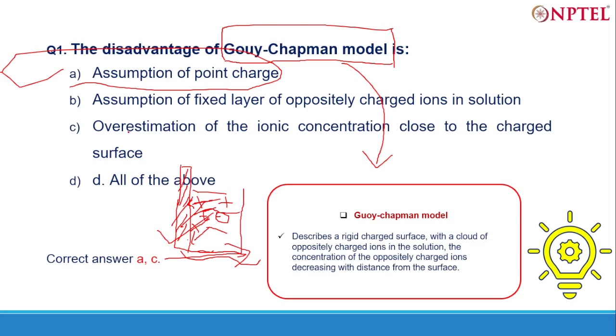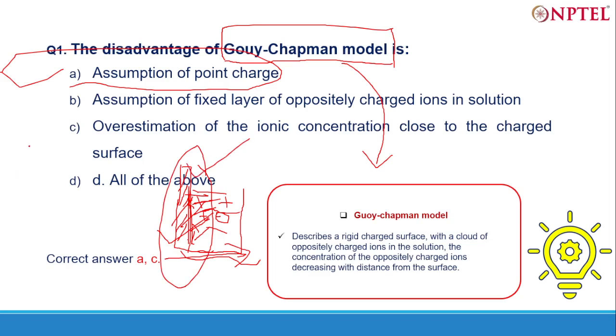And overestimation of ionic concentration close to the charged surface. Because if this is the charged surface, there will be some ionic concentration, or more ionic concentration, but the Gouy-Chapman model overestimates it.